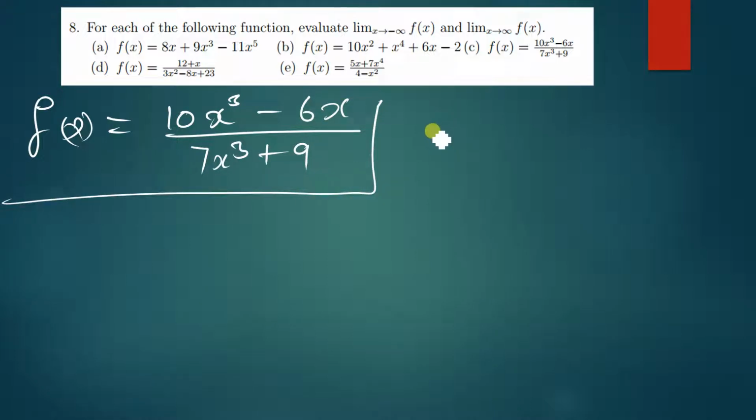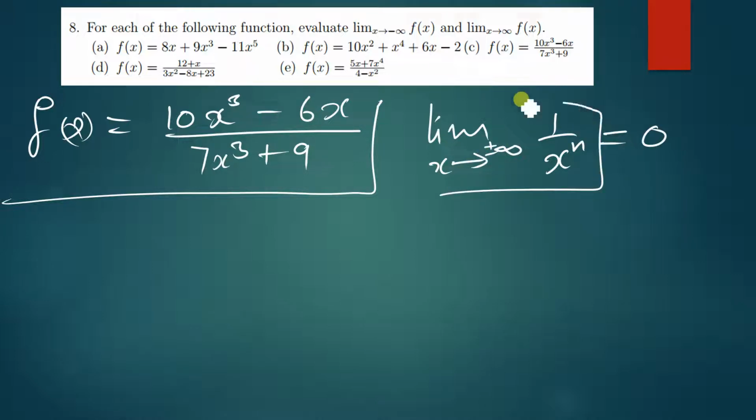When you find the limit of any expression in the format 1 over x to the power n, where n can be any positive integer, as x approaches either positive or negative infinity, the solution is equal to 0.